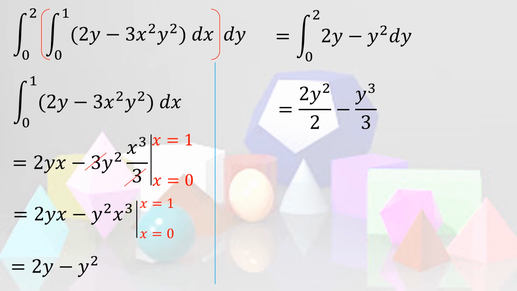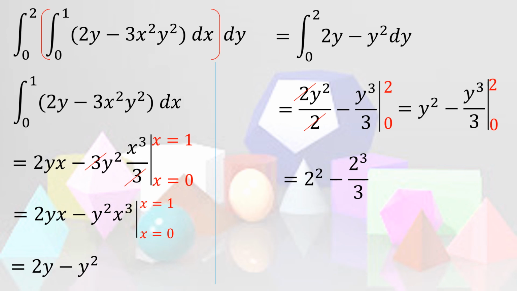In integrating this one, it is equal to 2y squared over 2 minus y to the third over 3. We can cancel 2 in the numerator as well as in the denominator. It will become 1. Simplifying further, we shall have y squared minus y to the third over 3 from 0 to 2.